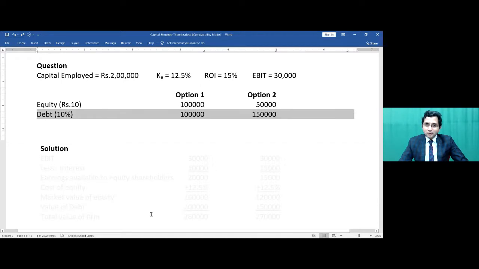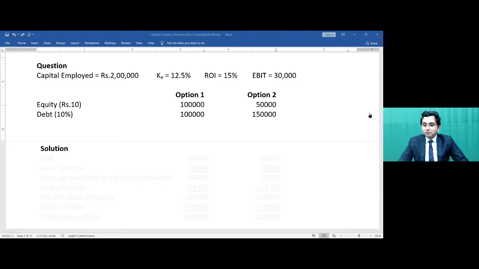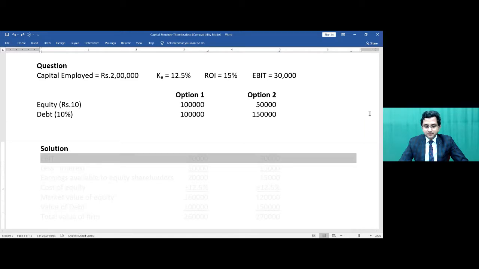We are studying the capital structure theories chapter, and the first approach is the net income approach, which says that if you increase the proportion of debt in capital structure, then overall cost of capital will reduce and the wealth, that is the value of the company, will increase. With this example, we'll try to prove the same.